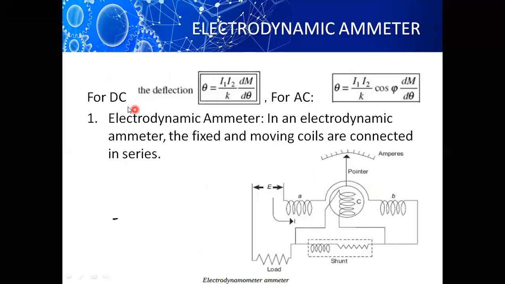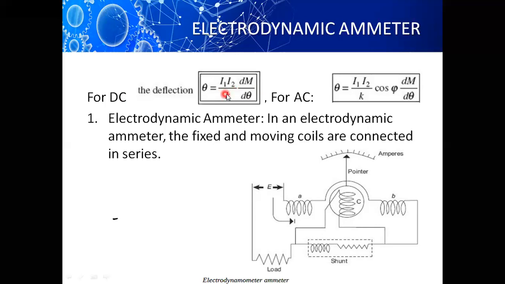Now for DC, we have spring torque for the control system. We know that the spring control torque is equal to K times theta, where K is the spring constant. Now at equilibrium, the control torque is equal to deflecting torque.